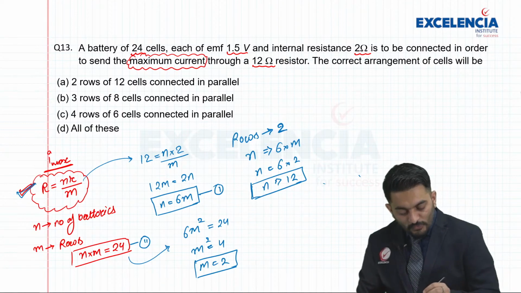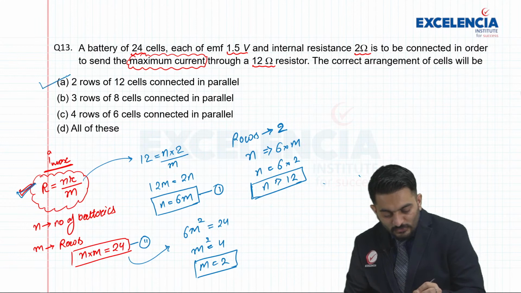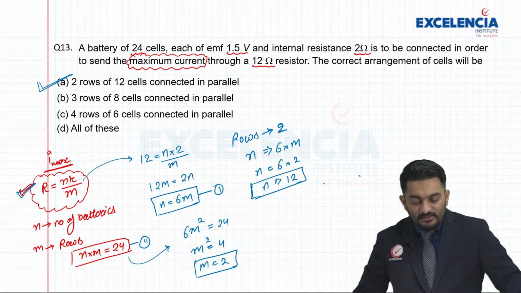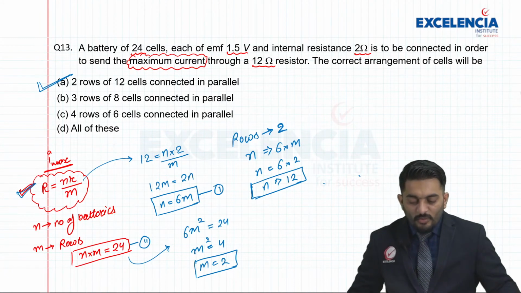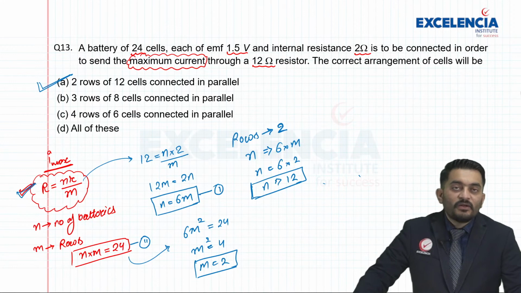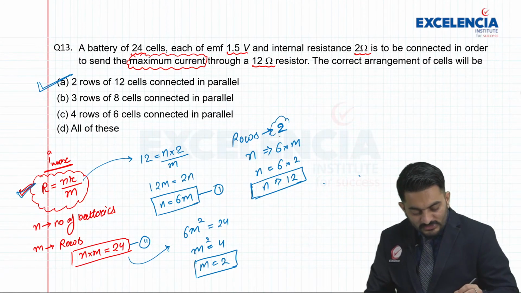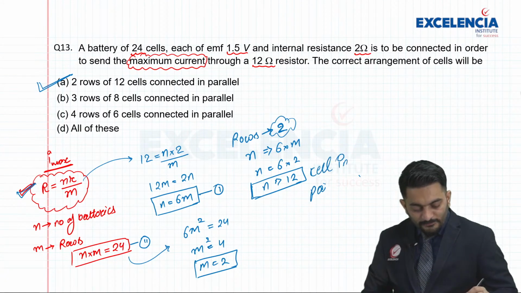Here the total number of batteries is given as 24. So you have these 12 batteries which you are going to connect in parallel. So 2 rows of 12 cells connected in parallel is the right answer, because all the rest of the combinations are not appropriate in this particular method.